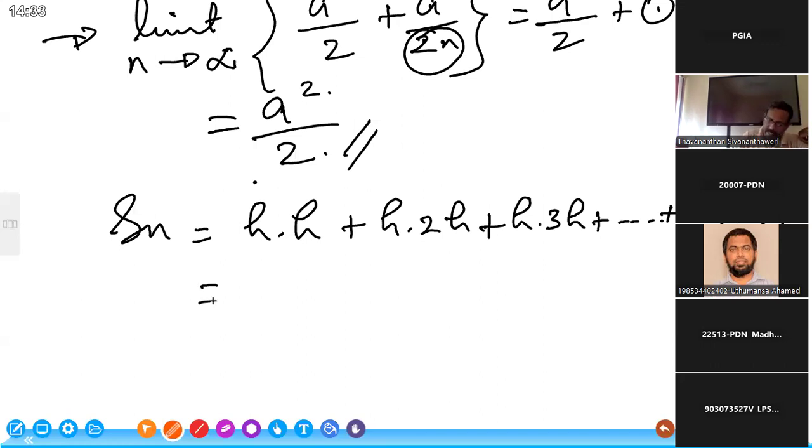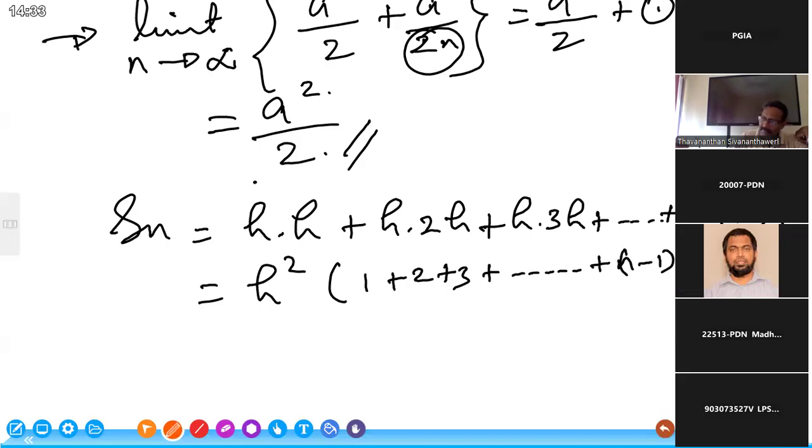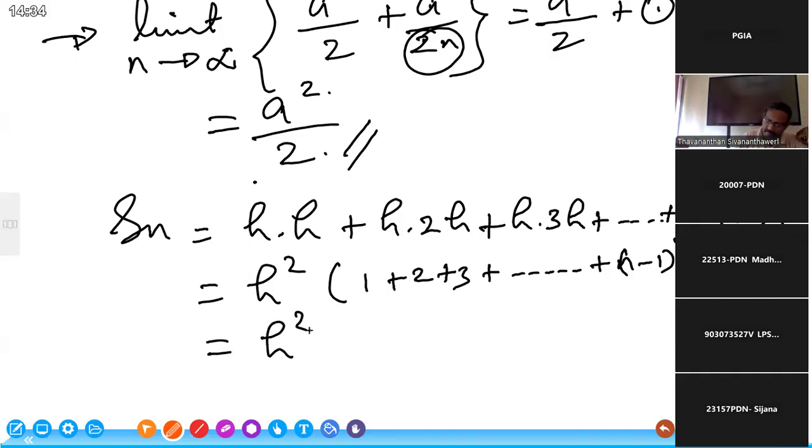So we could say that is equal to h square into 1 plus 2 plus 3 plus and so on. Last one is n minus 1. Okay? So we could say this as h square into summation of i, where i is starting from 1, but ending at n minus 1.